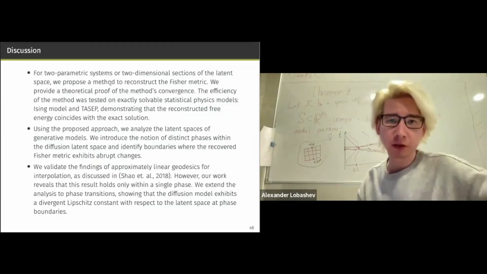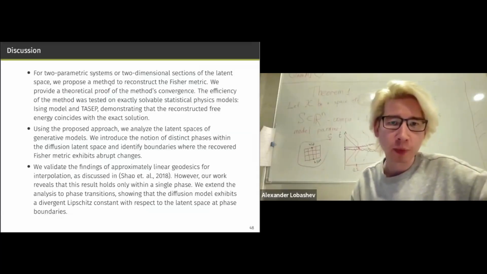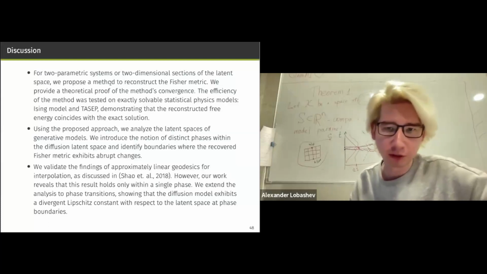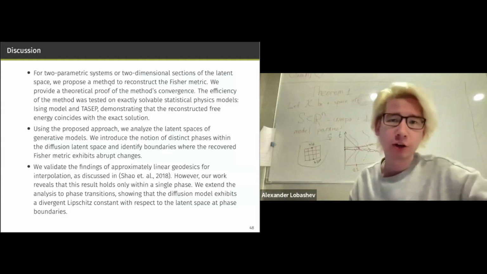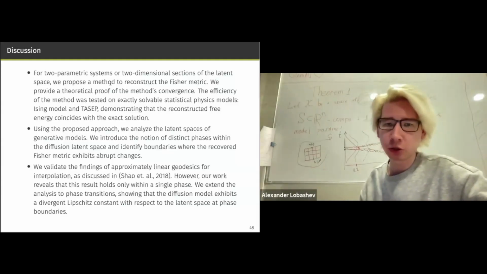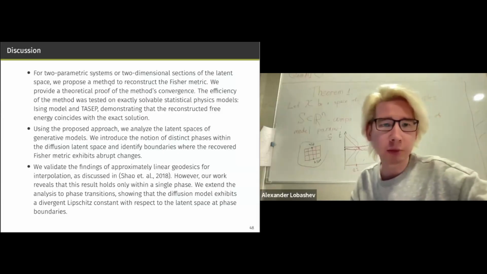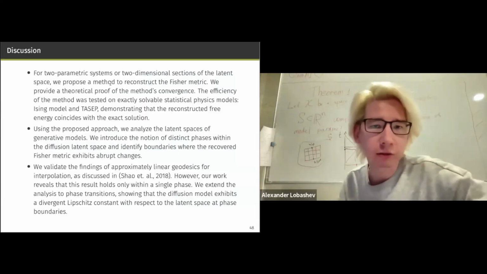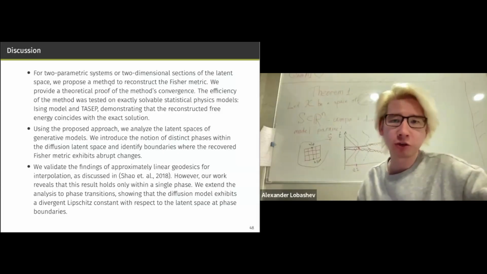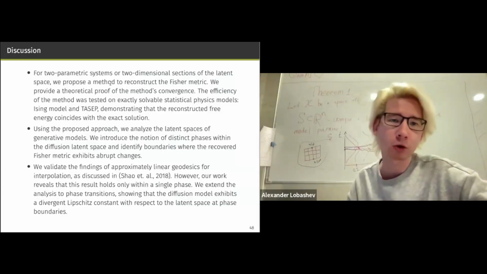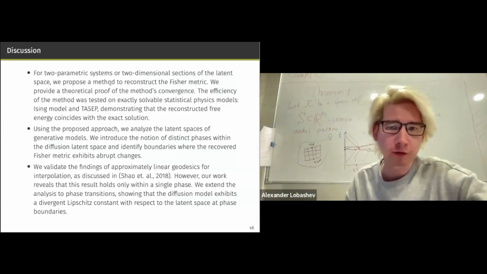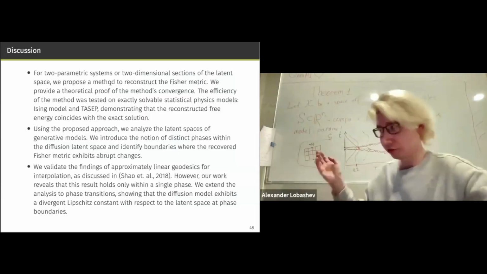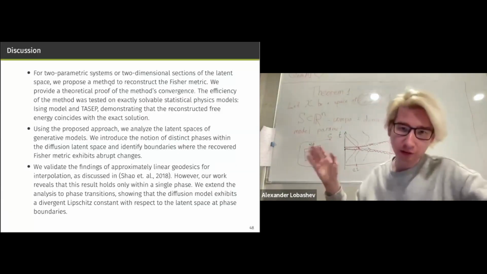We've introduced a method to reconstruct the Fisher metric for generative models, and with the help of the justification from the Bryant, Amari, and Armstrong theorem, we justify that this method is applicable not just for distributions from the exponential family, but for almost any generative model, because they have a Fisher metric which locally can be expressed as the Hessian of some convex function. And using this approach, we analyzed the latent space of diffusion generative models and discovered some interesting behavior regarding these phase transitions.